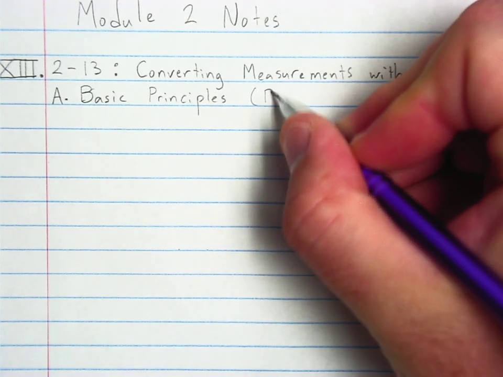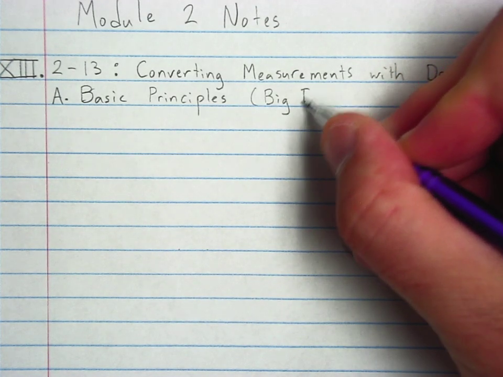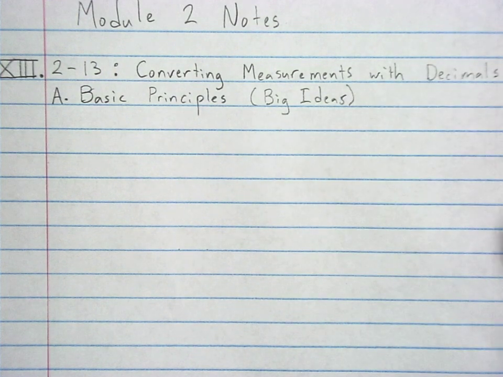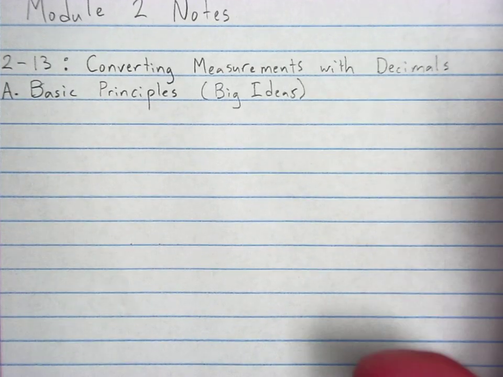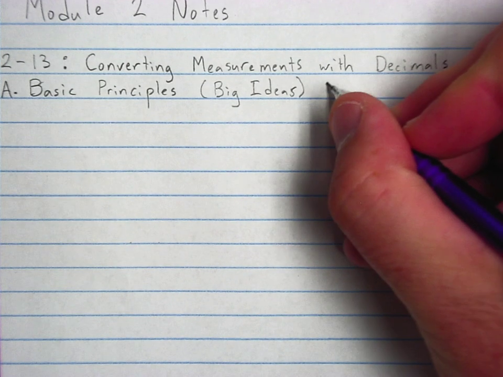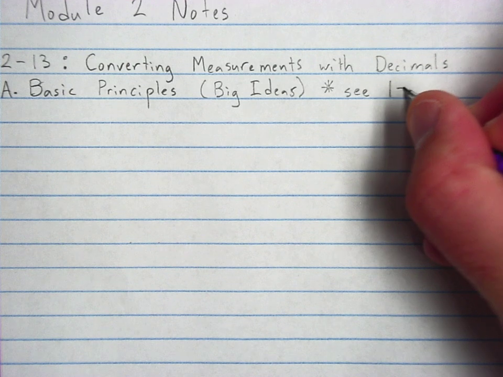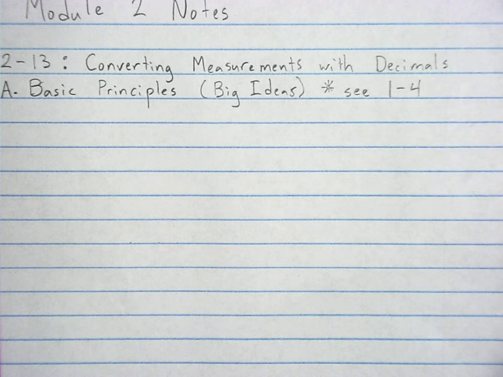Or, if you want to think about them as big ideas. Now, we've used this once before. Not for the last time. I am going to reference Lesson 1-4. Back in Lesson 1-4, this is the last time we talked about converting measurements. Some of this information was there.